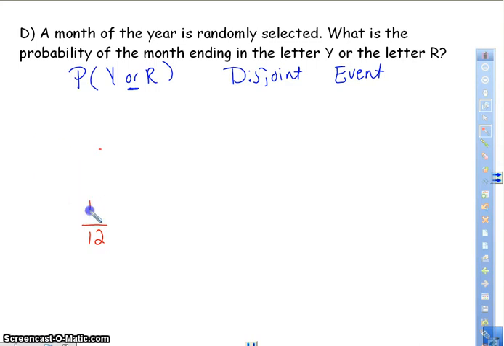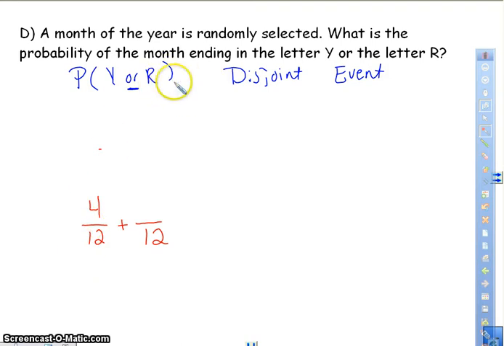So 4 out of 12 end with the letter Y. Now I'm going to keep it as 4/12 and not simplify because I need a common denominator. And because I need a common denominator, I'm talking about months. We know the second one will be out of 12 as well. Okay, so don't simplify it.